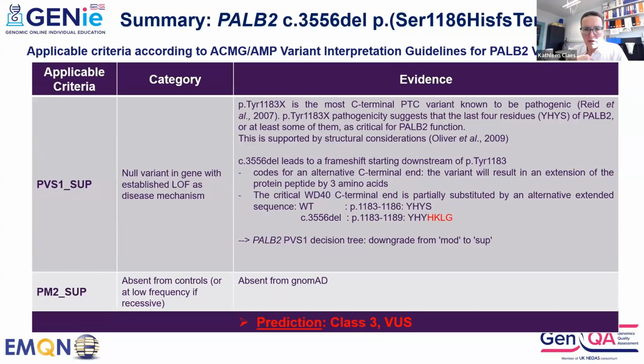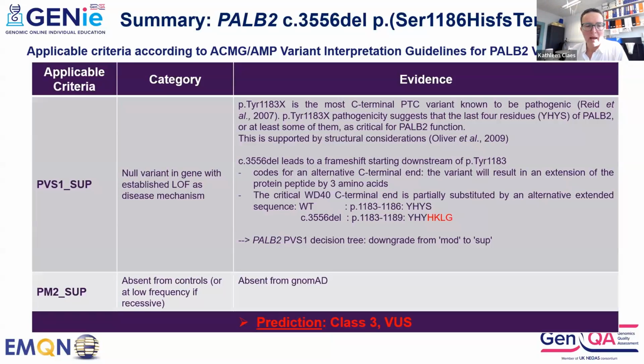Well, we actually get a longer amino acid chain at the end of the protein, and you can see it here in red. Normally the last four amino acids are YHYS. When you have the deletion of this nucleotide, the amino acid chain is prolonged, and the last serine is replaced by histidine, and then you get 3 other amino acids that are introduced before you get a stop codon.